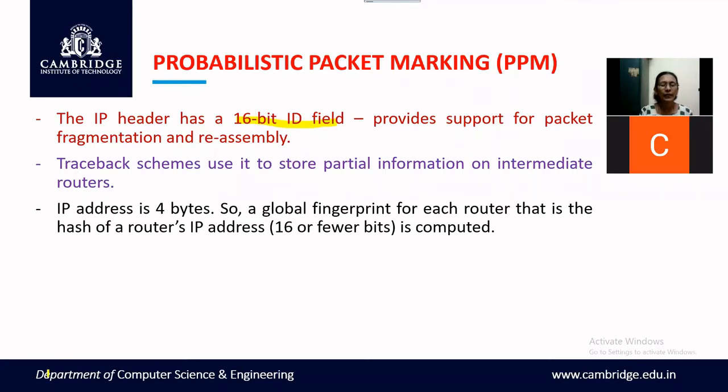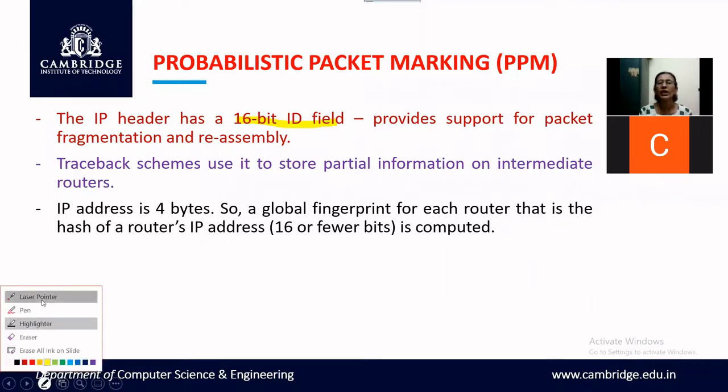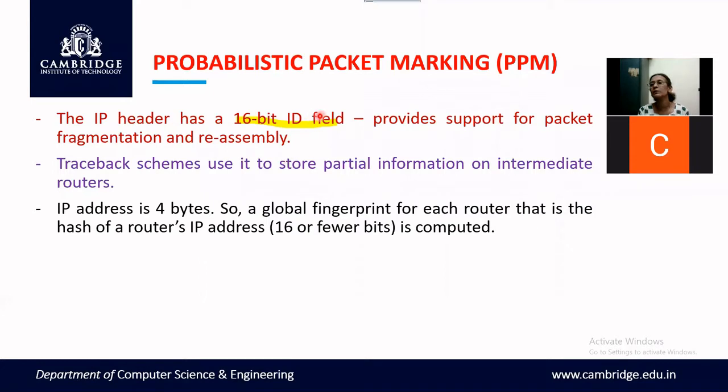Most of the time, this ID field is not being used. So in this probabilistic packet marking mechanism, we make use of the 16-bit ID field. Traceback schemes use it to store partial information on intermediate routers. It is only 16 bits, and our IP address is 4 bytes, which is 32 bits, and 32 bits cannot be stored in 16 bits.